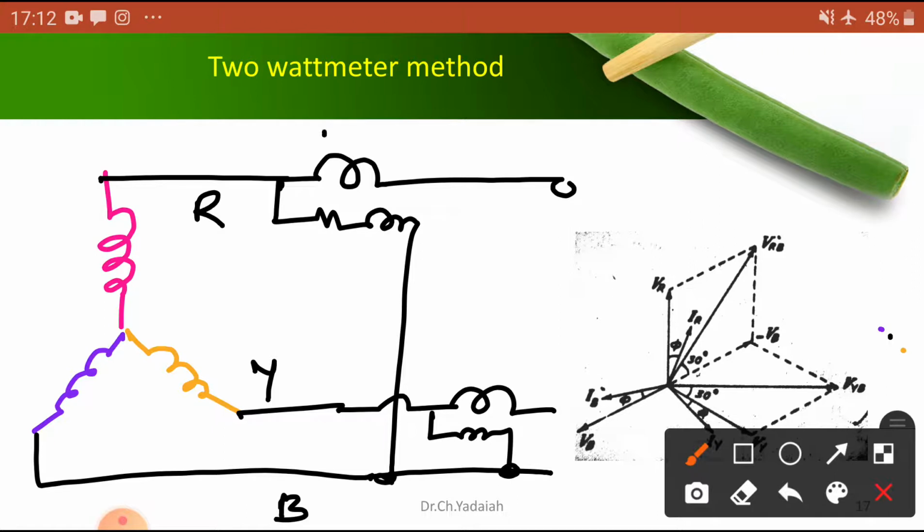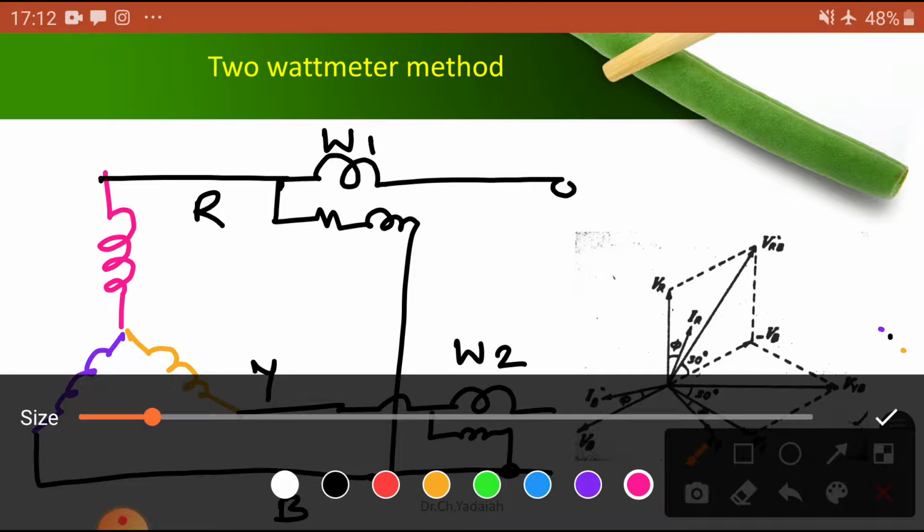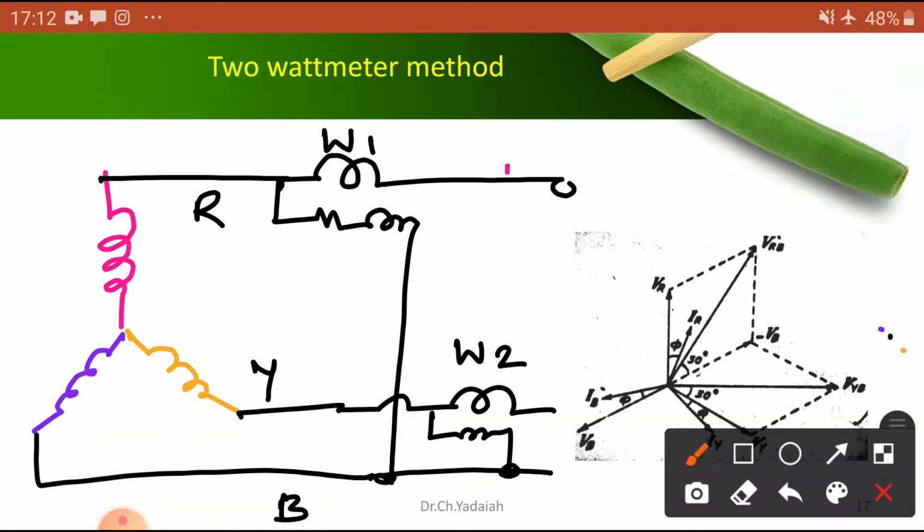This is called W1, and this is W2. Now indicate the current values. Let us assume this current is IR, the current is IY, and IB, the B current.